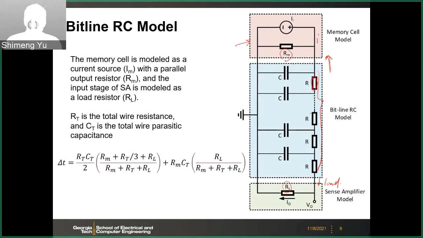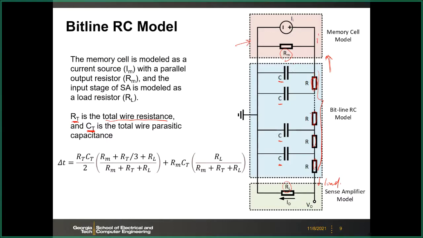And here, let's say RT is the total wire resistance. You have the small segments, and if you add them up, you will have R total, RT. And you have those distributed capacitances. If you add them up, you will have the total capacitance, CT. So here we have an equation.